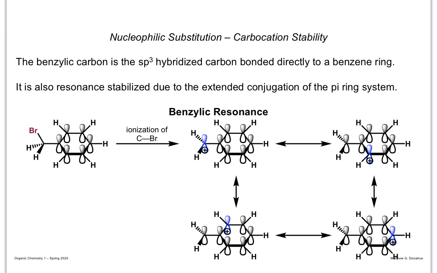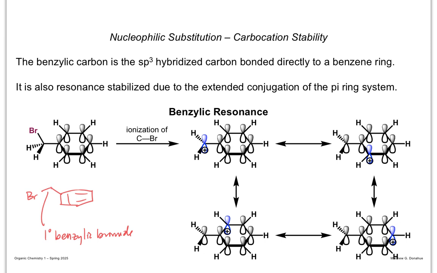Benzylic is this sp3 hybridized carbon atom that's bonded to a benzene ring. Notice it's not in the ring itself. It's the carbon atom that's next door, and it's sp3 hybridized. So that's called benzylic.